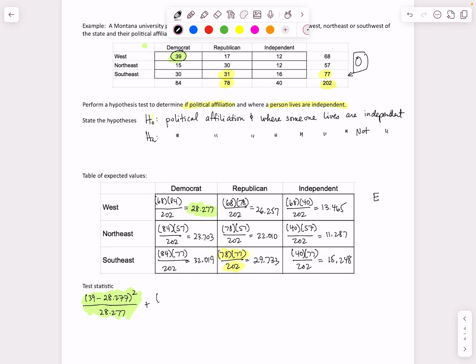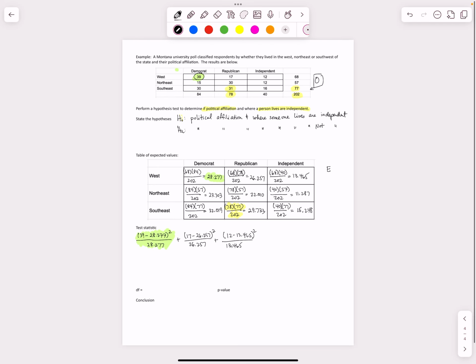So really quick, I'm going to have 17 minus 26.257 squared over 26.257. Take the next one, which is 12 minus 13.465. I'm working across the top row. Now I'm going to start working on the next row.